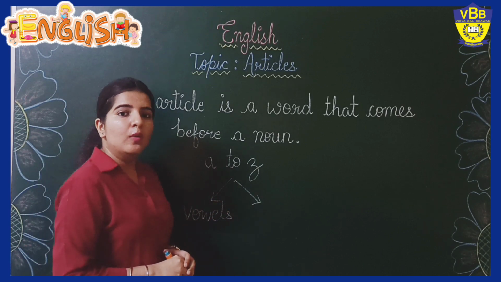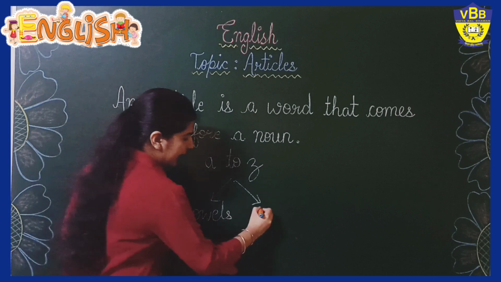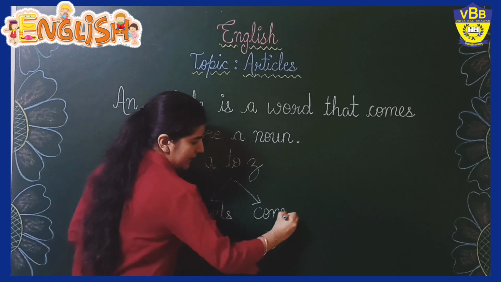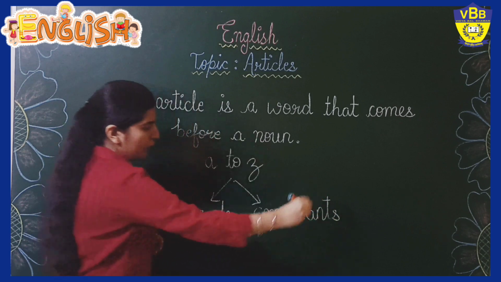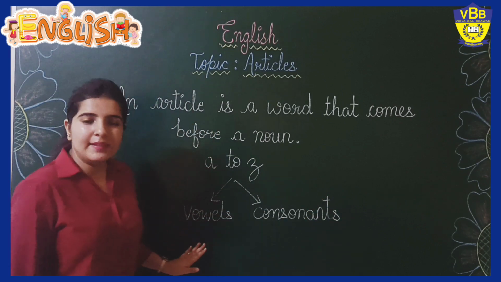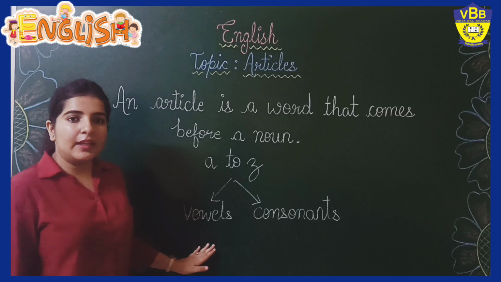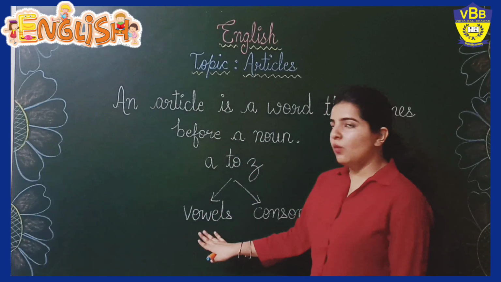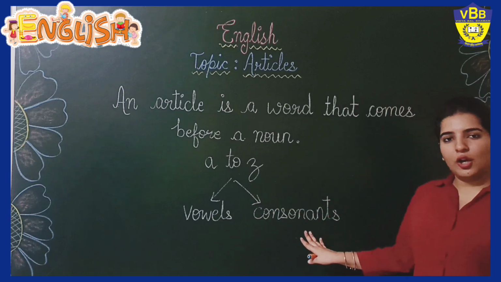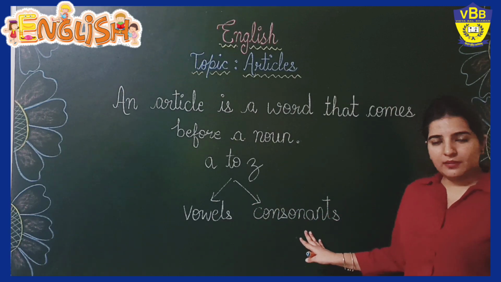Repeat with me. Vowels. And the second is consonants. What is the second one? Consonants. So these are the two parts in which our English alphabets are divided. Okay? Vowels and consonants. Fine everyone?